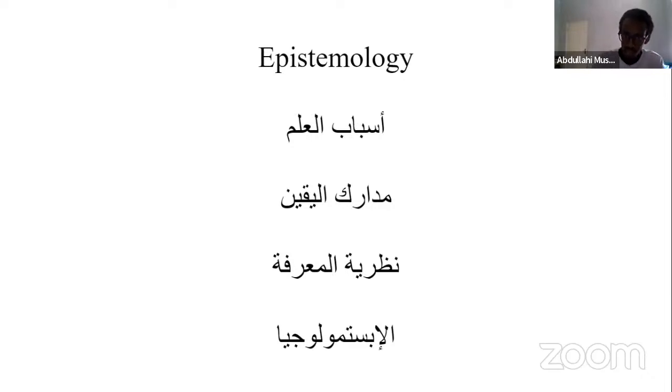Because Nadhariya means theory, Al-Ma'rifah means knowledge. So the theory of knowledge, Nadhariyatul Ma'rifah. And then the last term that might be used within Arabic literature is a transliteration of the word epistemology itself, Al-Epistemologia. Yeah, but the classical terms are Asbabul Ilm, Madarikul Yaqeen, and the contemporary terms are Nadhariyatul Ma'rifah and Al-Epistemologia.